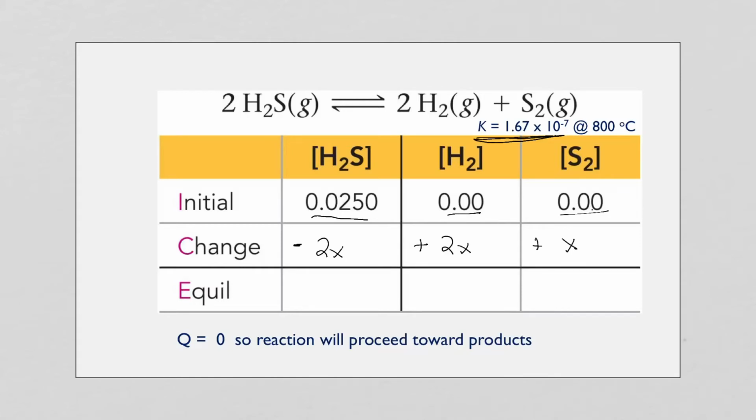Of course, you could also define this as minus x plus a half an x. That's fine, but this keeps it a little more straightforward. We don't have those 0.5 values here.